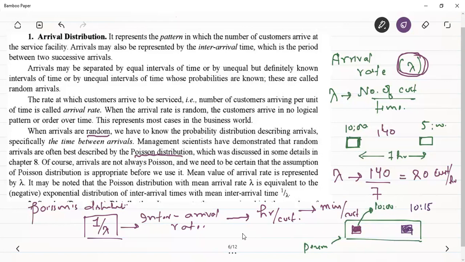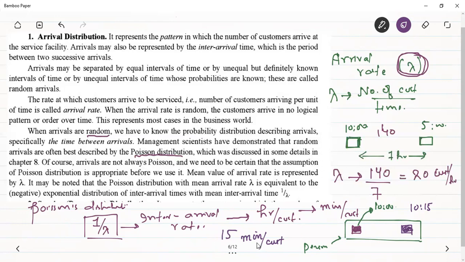Then कितना टाइम लग रहा है पर कस्टमर। ओके, यहाँ पे एक कस्टमर 10 बजे था, दूसरा कस्टमर यहाँ पे ये दिख रहा है 10:15 पे आ रहा है। सो द टाइम गैप बिटवीन द अराइवल ऑफ ए न्यू कस्टमर इज 15 मिनट्स। सो ये दिख रहा है कि 15-15 मिनट के बाद एक एक कस्टमर आ रहा है। ओके, एक कस्टमर आया, अब ये दिख रहा है कि 15 मिनट के बाद दूसरा कस्टमर आया, उसके बाद ये दिख रहा है कि 15 मिनट के बाद और एक कस्टमर आया। सो ही कैन सी दैट आफ्टर एवरी 15 मिनट्स a customer is arriving.